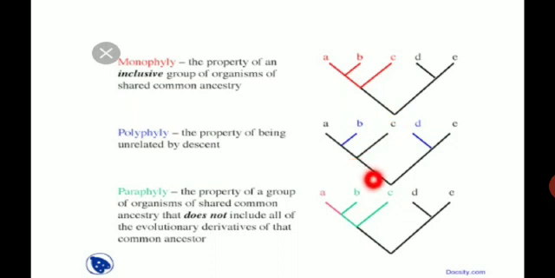The taxon that includes an ancestor but not all of the descendants of the ancestor is called a paraphyletic group. Paraphyletic and polyphyletic groups are occasionally considered when such taxa are conveniently treated as one group for practical purposes.